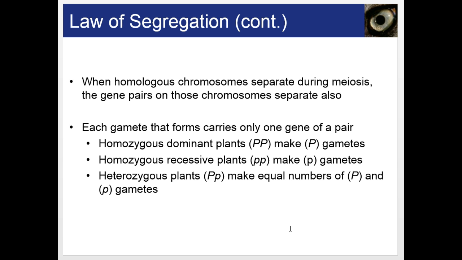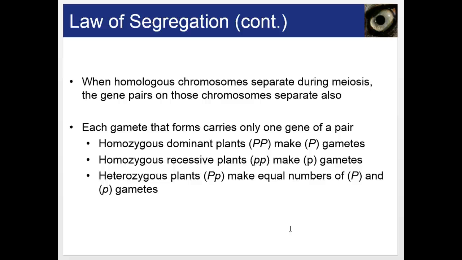So this led Mendel to his law of segregation. When homologous chromosomes separate during meiosis, the gene pairs on those chromosomes separate also. So what this means is that when sperm and egg are made, let's say that your chromosome pair number 1, both your number 1s will not end up in one egg or one sperm.